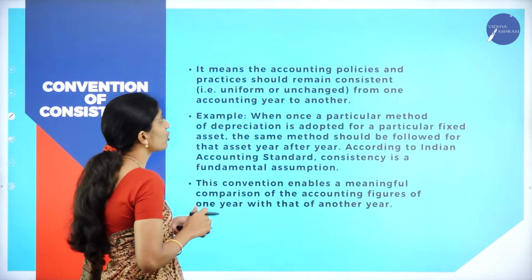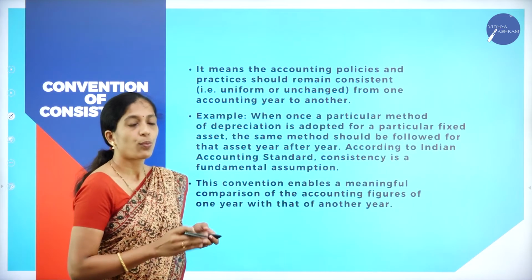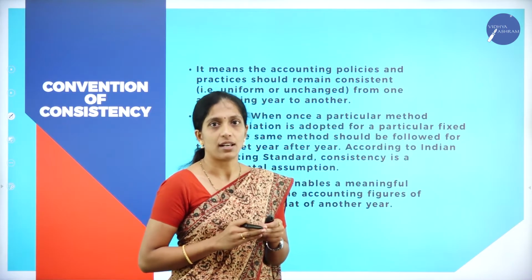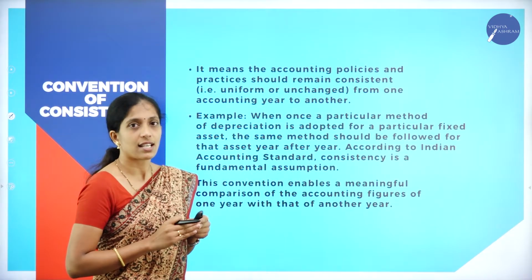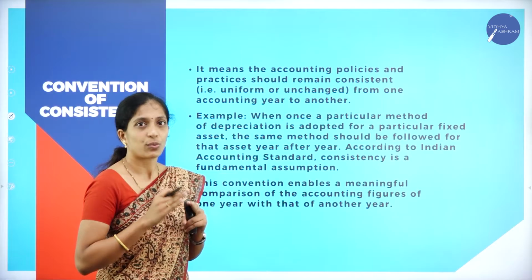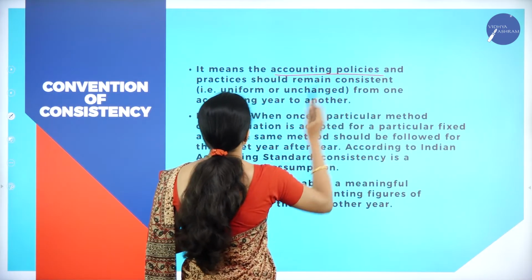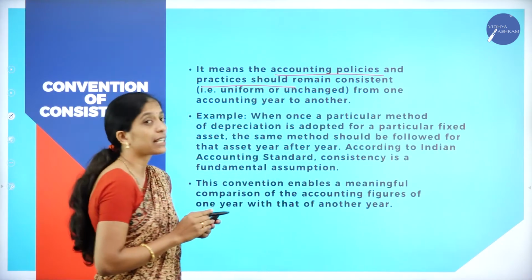Next one is the convention of consistency. So what do you mean by consistency? In the sense of following the same method. That is known as consistency, or consistent. It means the accounting policies and practices should remain consistent.